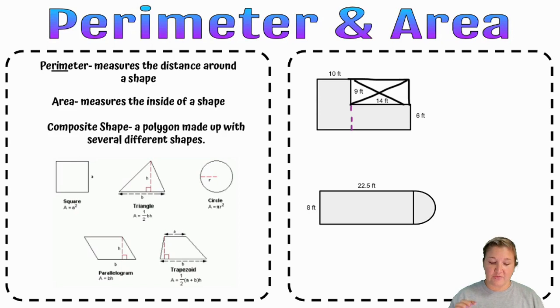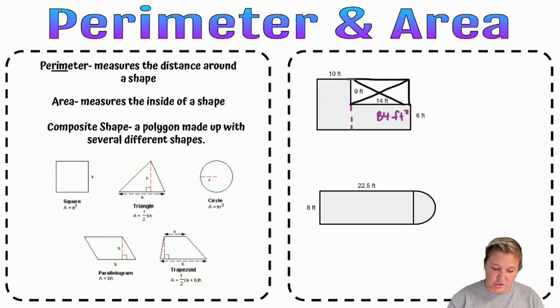So the area of the one that's laying down, like this, is going to be 14 times 6. So that is going to be 84 feet squared. Now, the other one, I can't do 10 times 9 because that 9 does not talk about the distance all the way from here to here. 9 talks about the distance from here to here.